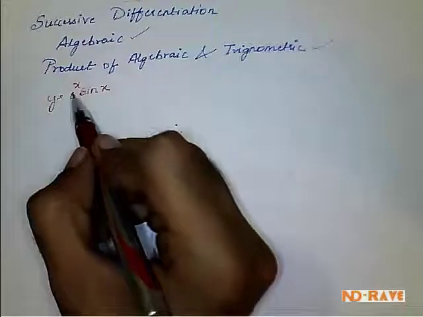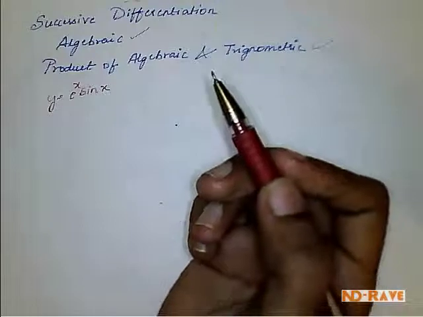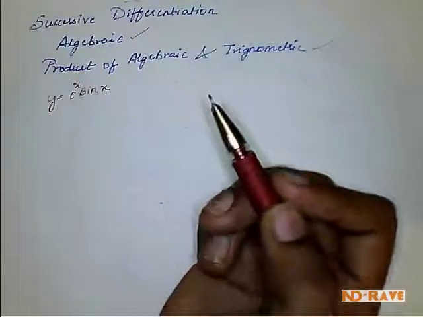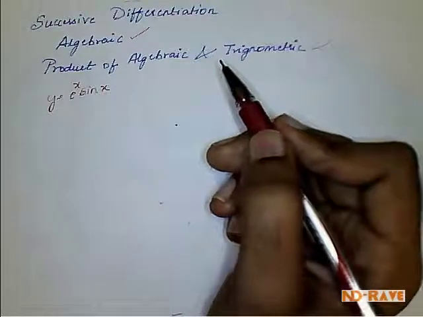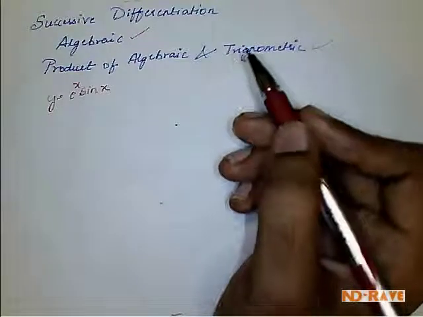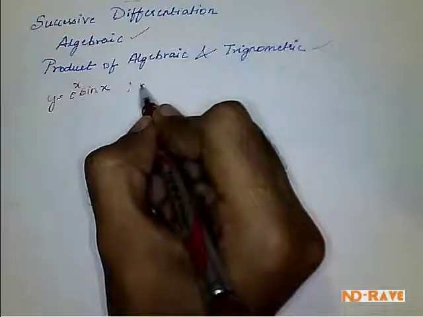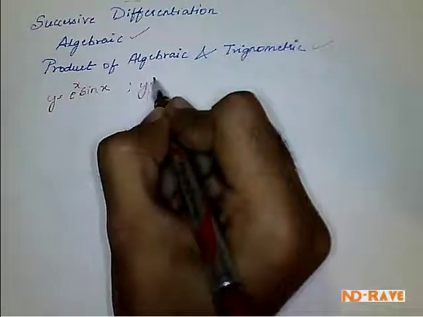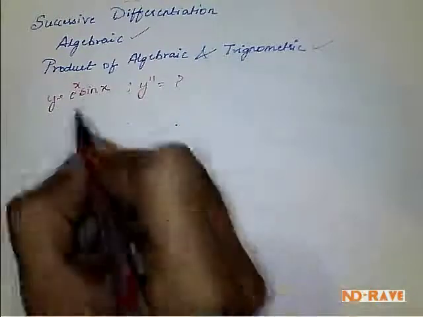Why I'm considering only sine here is quite simple, and I'll introduce cos as well so that you'll know the changes in the sign. So what is successive differentiation? It is differentiating the function again and again, so I have to find the second differential, that is y double dash, over here. That is the question. Let me begin without wasting any time.